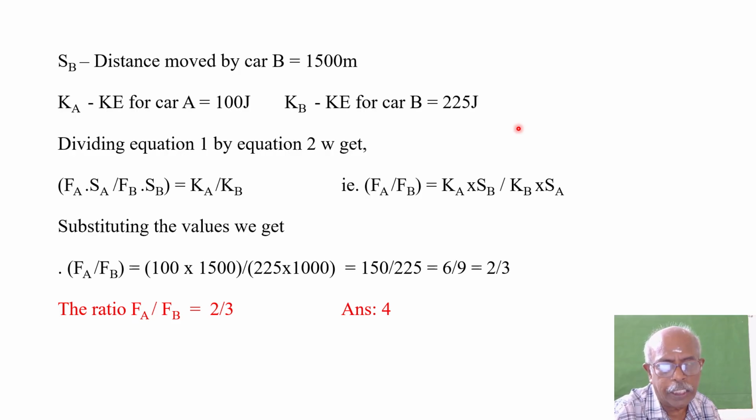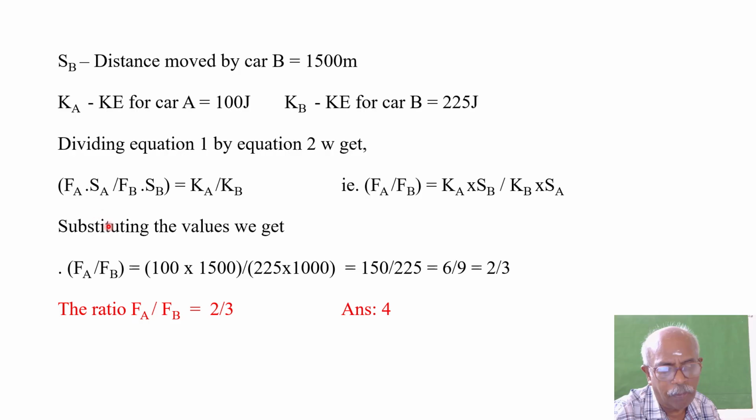So what is equation 1? Fa Sa is equal to Ka. What is equation 2? Fb Sb is equal to Kb. So dividing equation 1 by equation 2, Fa Sa divided by Fb Sb is equal to Ka by Kb. What do you have to find out? You are asked to find the ratio Fa by Fb.